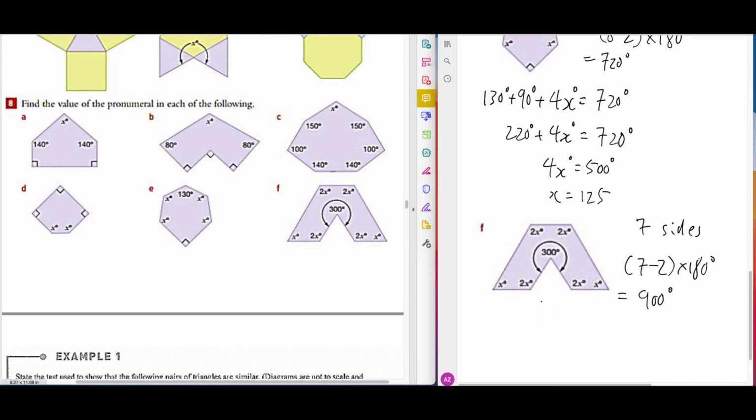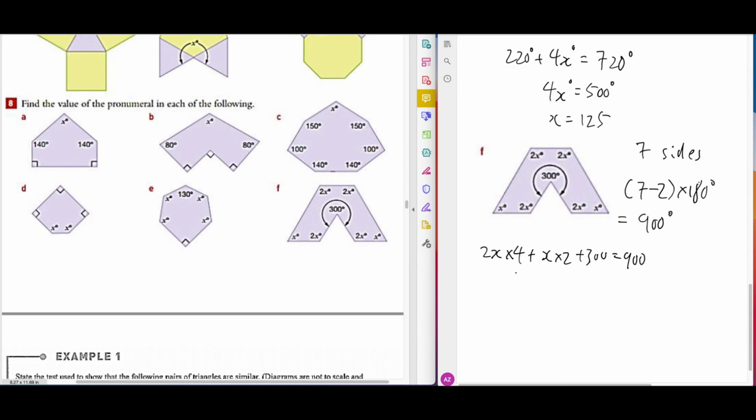Okay, now don't be scared by this exterior angle. That's just one of the angles. So we just have to take the sum of all the angles. So 2x. Because there's 4 of them, I can just do 2x times 4 plus x times 2 plus 300 degrees equals 900 degrees. Okay, I'm not going to write the degrees here, I'll write it at the very end because I'm also a bit lazy.